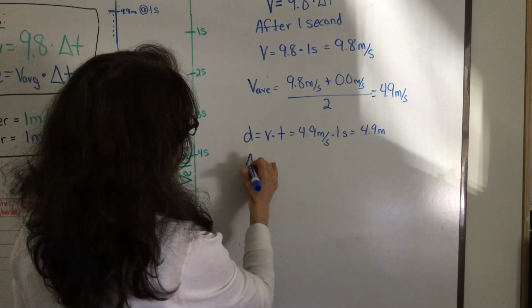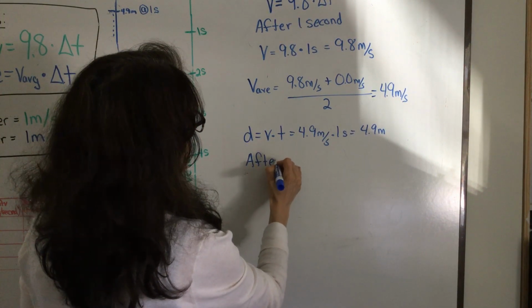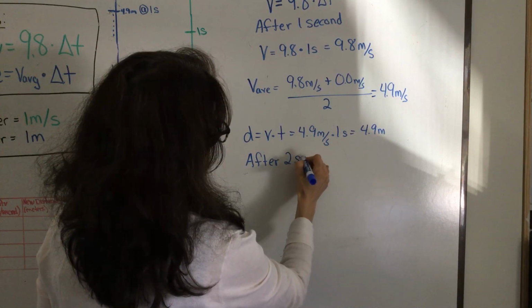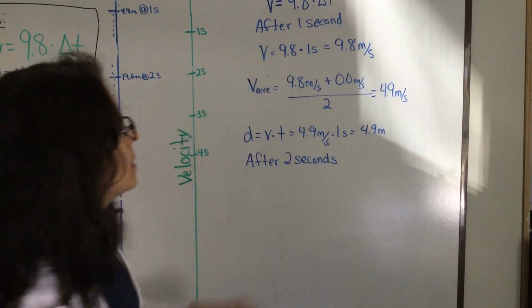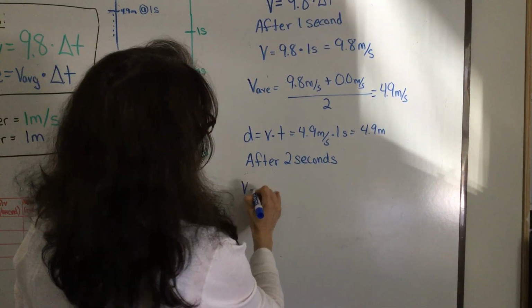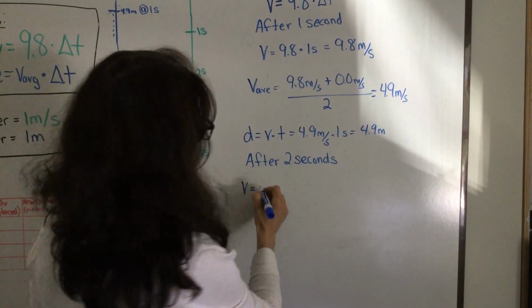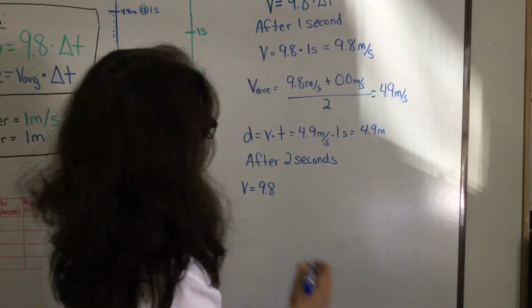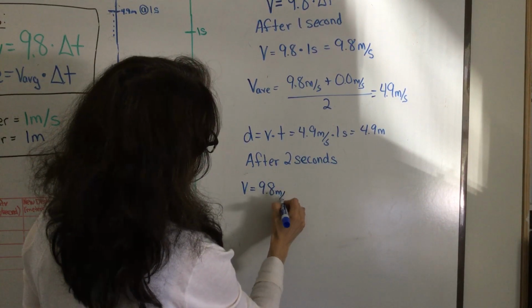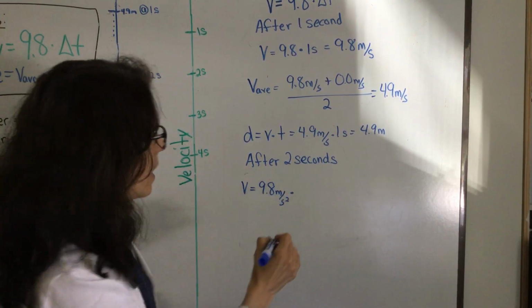What about after 2 seconds? Well, the velocity after 2 seconds is going to be the same formula, 9.8 times the change in time. I'll just write meters per second squared because it's good to do that.